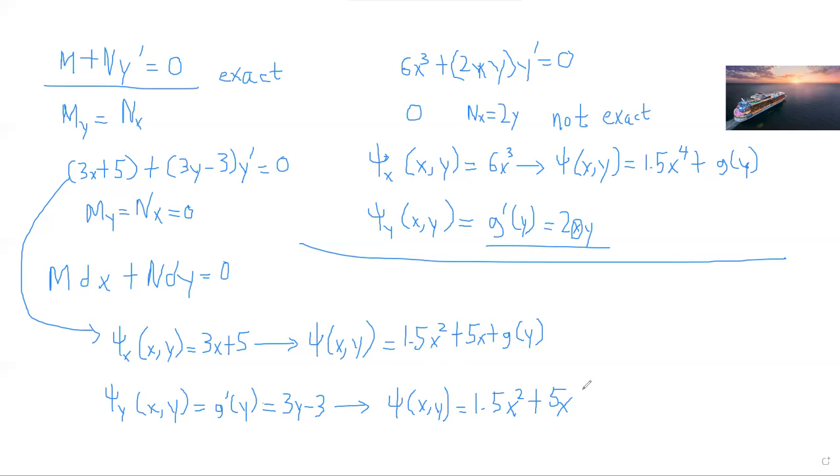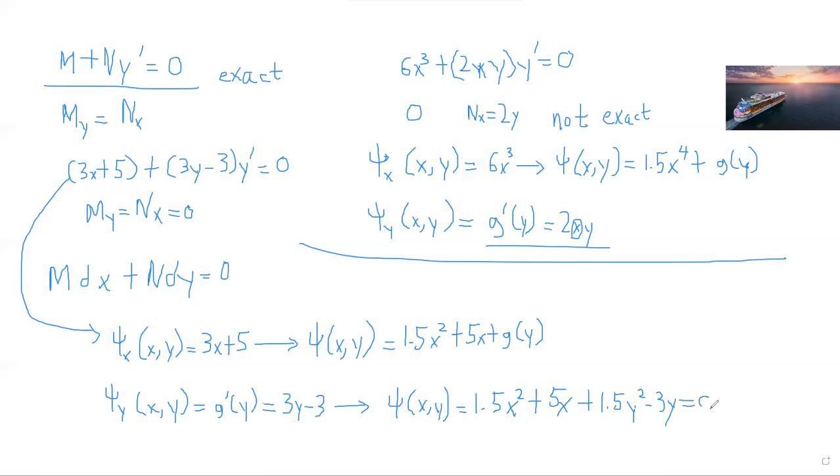I jumped a step, but g prime y was 3y minus 3, so g of y will be 1.5y squared minus 3y. And this is equal to c.